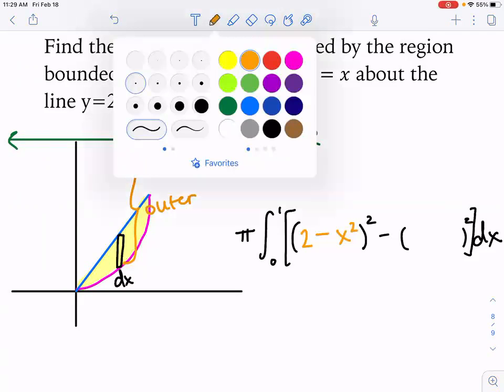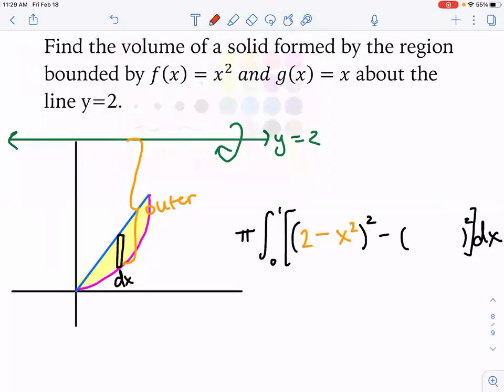Then the top of our rectangle is closest to our axis of rotation, and that distance we would describe as 2 minus x. Top minus bottom, 2 minus x. But you have to determine which one is furthest away before you do top minus bottom. Which one is closest? Top minus bottom.